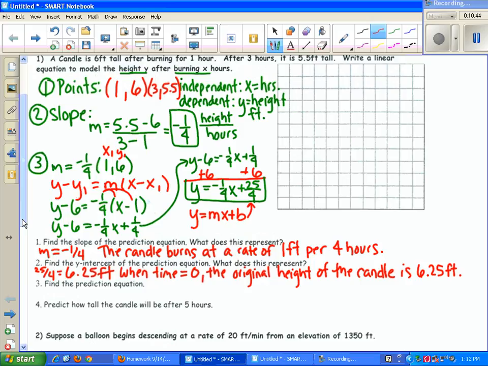So number 3 says find the prediction equation. So this is, again, easy. We've already done this. Our prediction equation is y equals -1/4 x plus 25 over 4. And again, sometimes instead of calling it a prediction equation, it's also called a trend line.